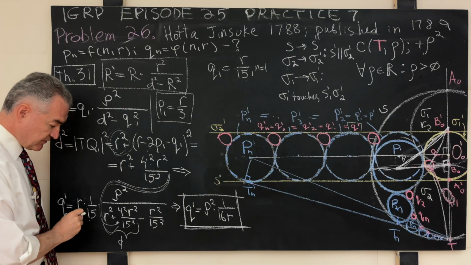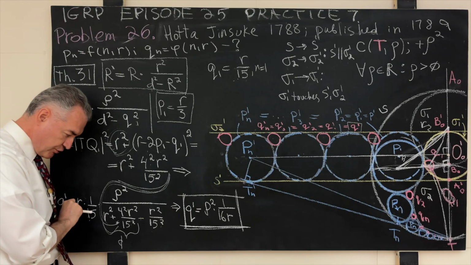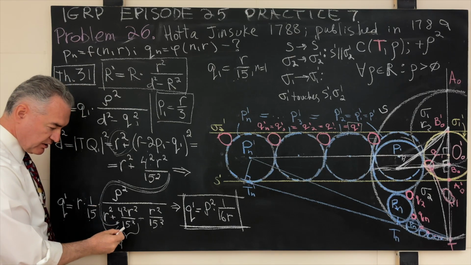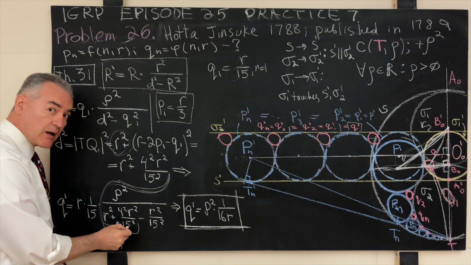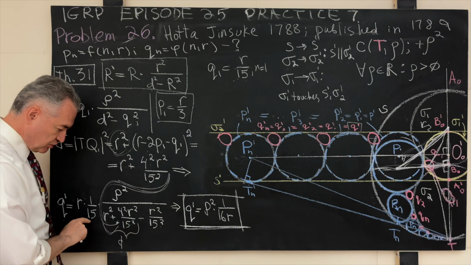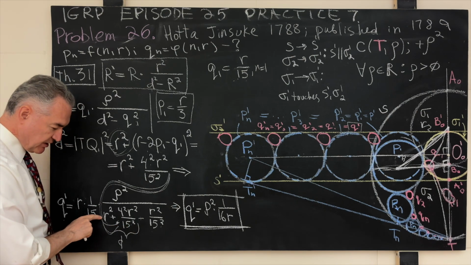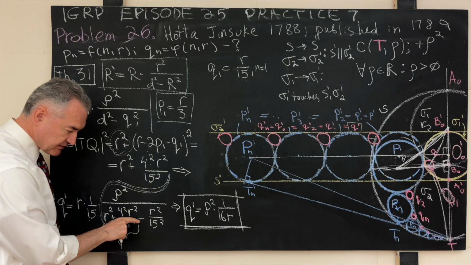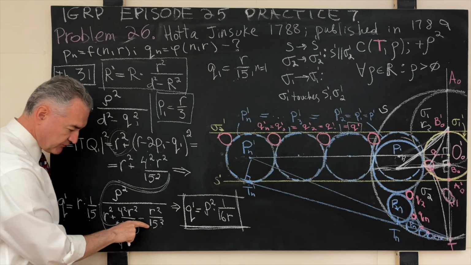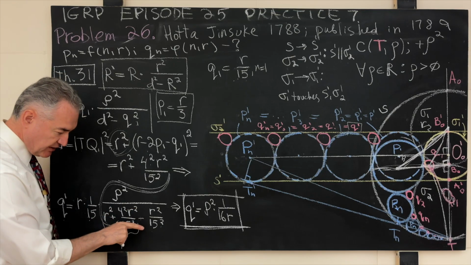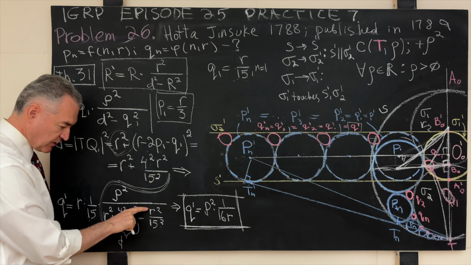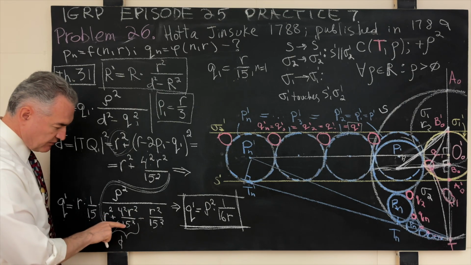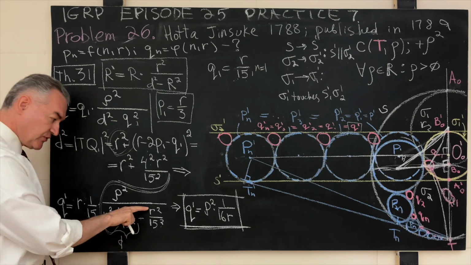Look at this. 15 in the denominator will crawl through the denominator here, and it will clear out the 15 squared in the denominator of the denominator. So what will we have left? 15 R squared plus 16 over 15 minus R squared over 15. 16 over 15 minus 1/15 comes out to 15 over 15.